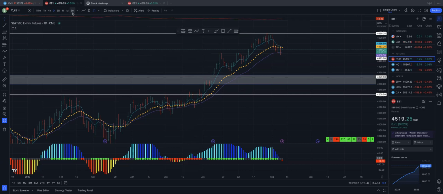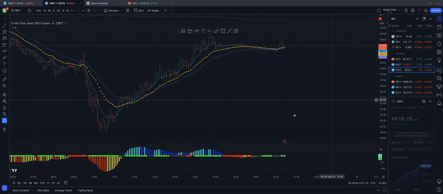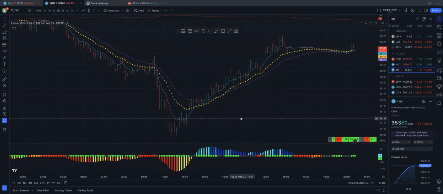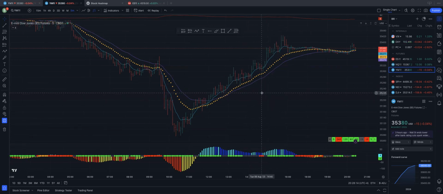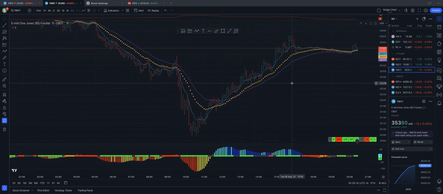For example, on YM, I was able to catch this move from here to there, from here to there, based on this indicator, and that's what triggered me to take the trade, as well as the trend. So that's what that is. I do a full in-depth class on that in the Signals chat. You can check that out.